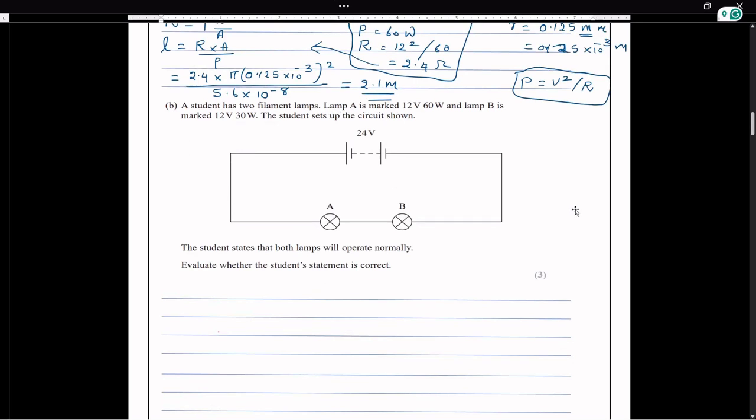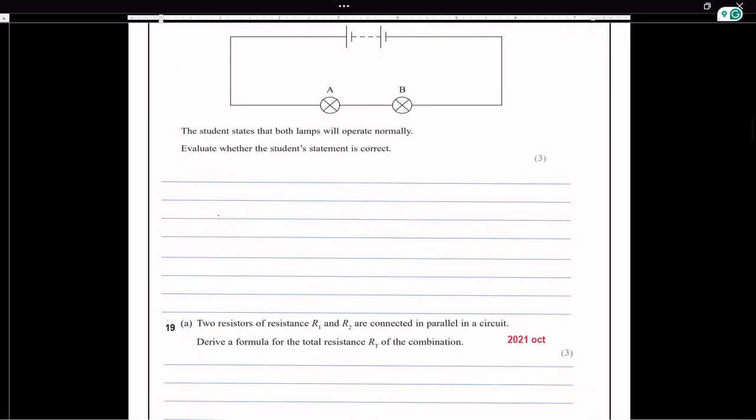So here we have two lamps, lamp A and lamp B. Lamp A is indicated as 12 volt 60 watts, and the other one is 12 volt 30 watts. So from this we can calculate the resistance.